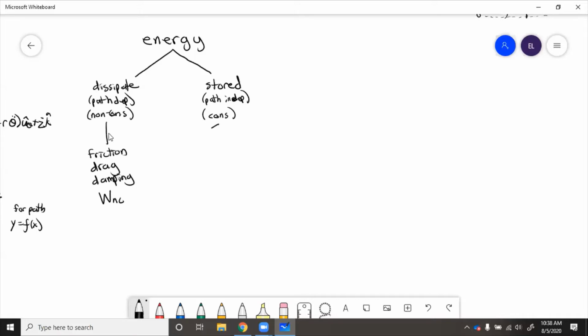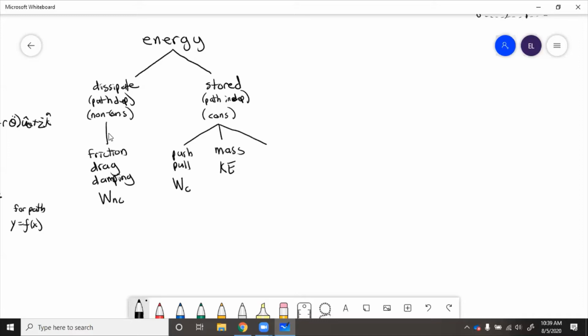Now, stored energy can be stored by pushing and pulling. That's conservative work. It can be stored in a mass as kinetic energy. We can get kinetic energy of rotation or translation.